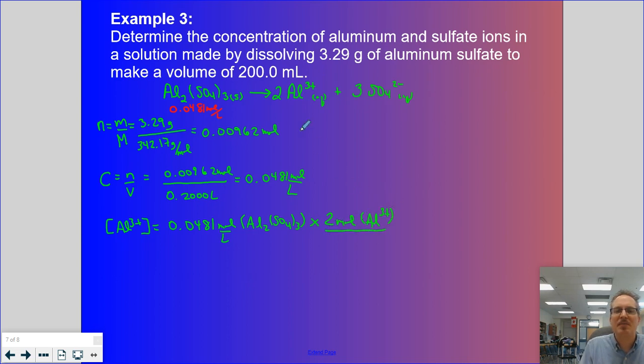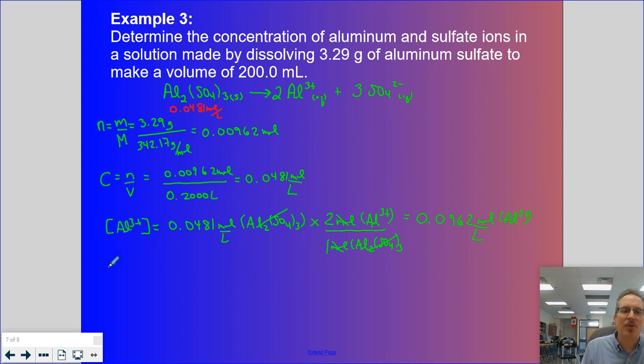And I'm going to divide by, leapfrogging back, 1 mole of Al2(SO4)3. Again, my moles cancel, my aluminum sulfates cancel. So I'm going to take this full calculator number and times by 2. My answer is going to come out to be 0.0962 moles per liter for aluminum ions.